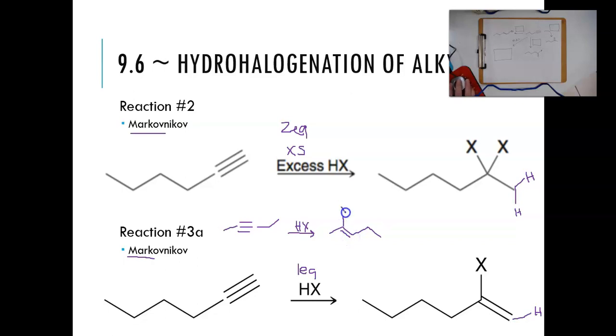I'm going to get some where my halogen adds to that left carbon, and then some where my halogen is adding to that right carbon, because neither one of these is more substituted than the other. So notice that the 2 examples that we're using are both terminal, because they're only going to give us one product. So with these types of reactions, we will often use either terminal alkynes or symmetrical internal alkynes to limit that mix of products.